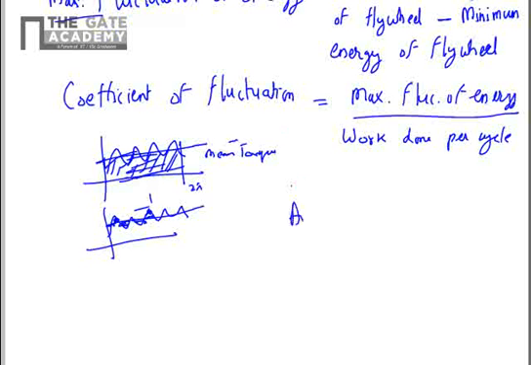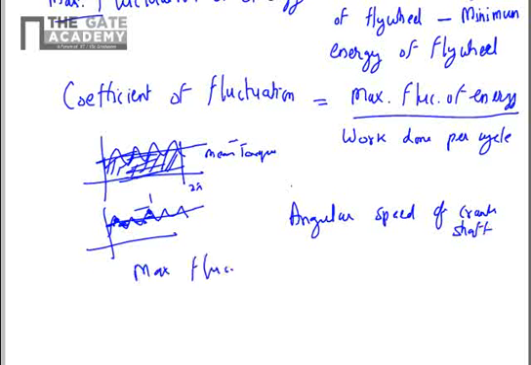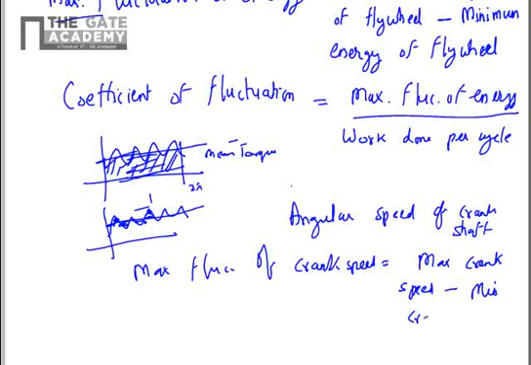Similarly, for the angular speed of the crankshaft, the maximum fluctuation of crank speed is the max crank speed that occurs at max energy of the flywheel minus the minimum crank speed that occurs at the minimum energy of the flywheel.